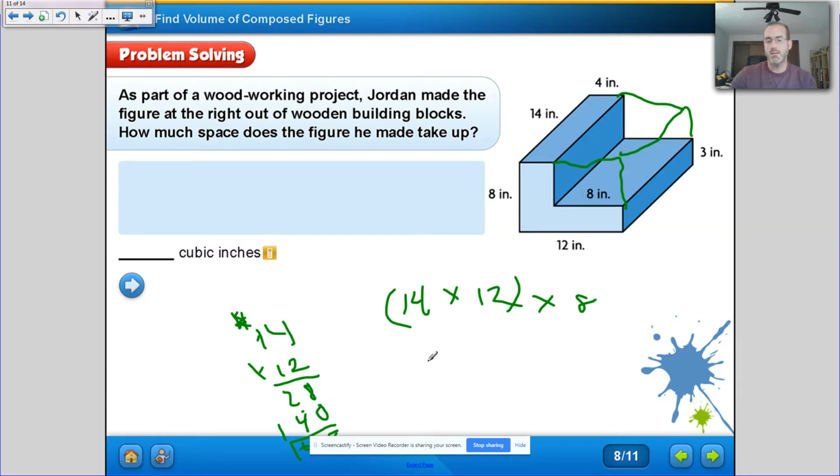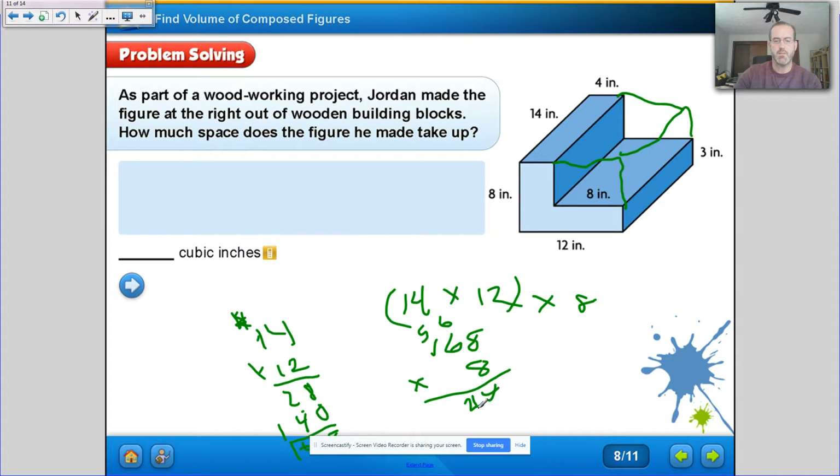Now 168 times 8. 8 times 8 is 64. 6 times 8 is 48. Plus 6. 54, sorry.